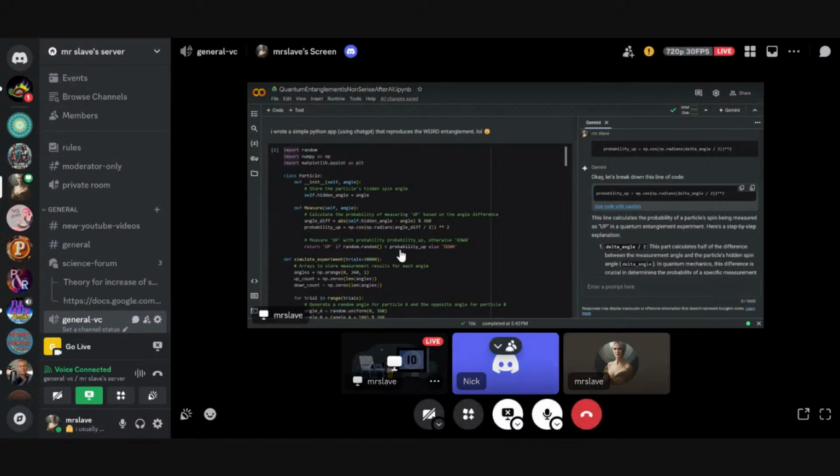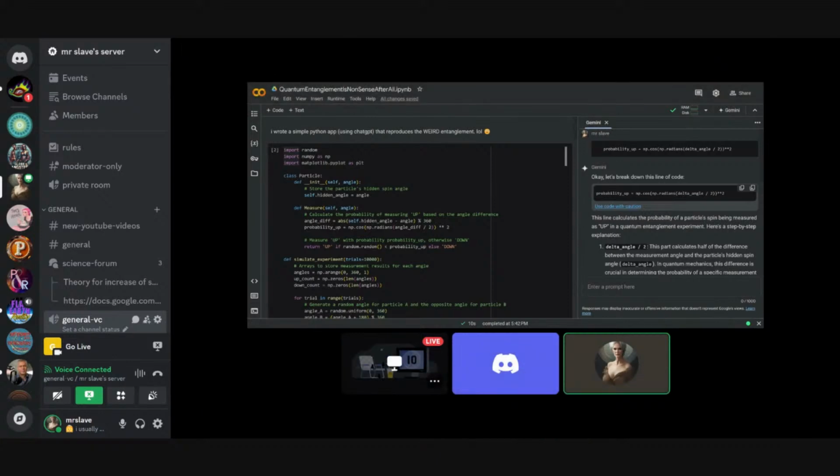The next step is measure. Particle has a method called measure, and in measure you tell it at what angle you want to measure. Particle A will always be measured at 0 degrees. This is the way I'm running this experiment.